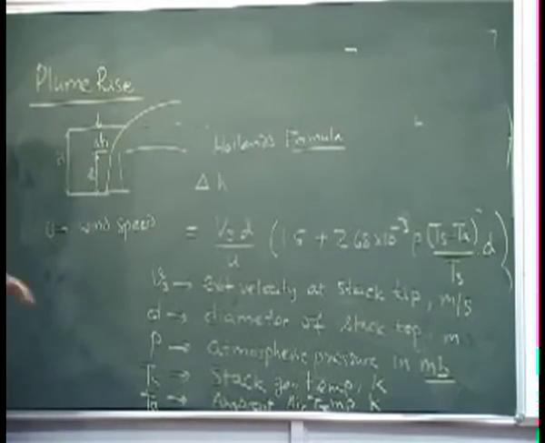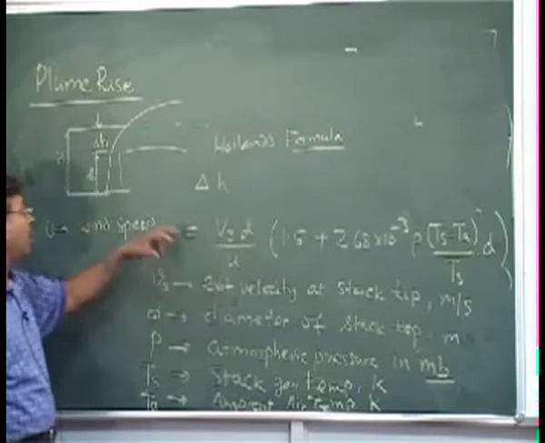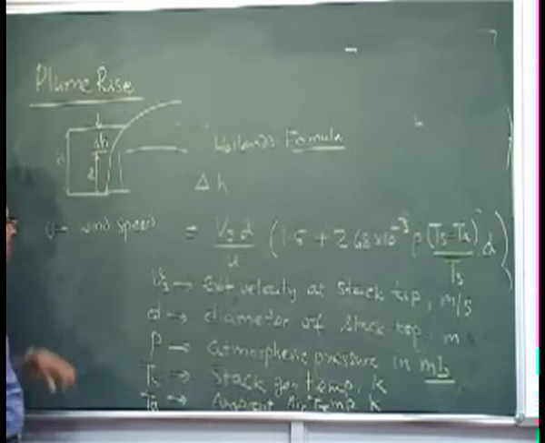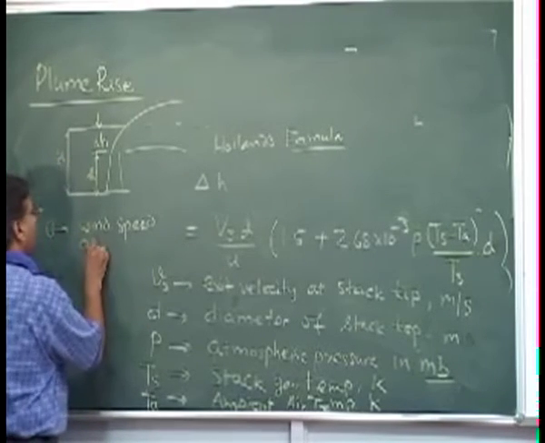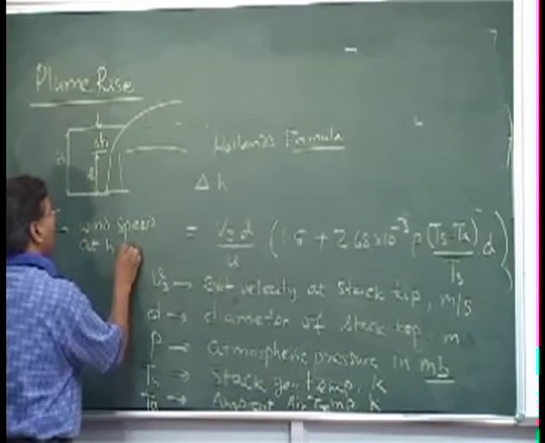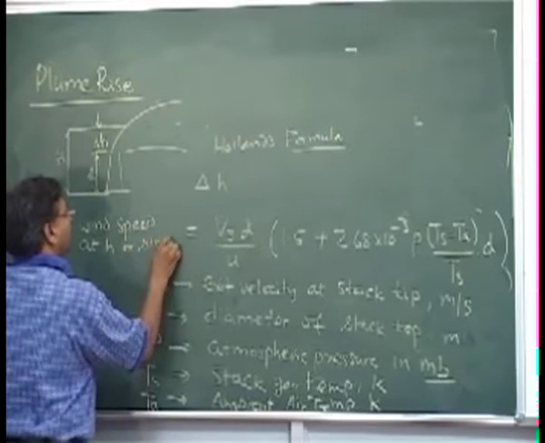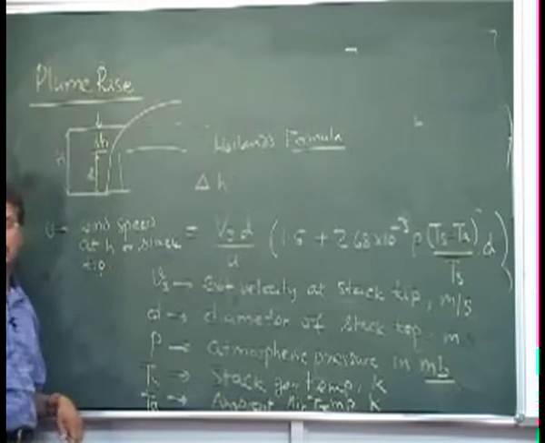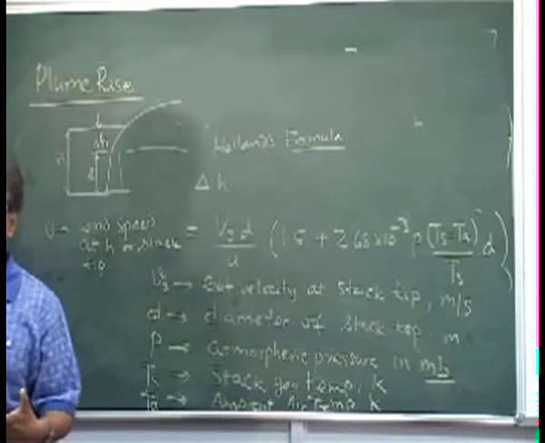So again, why I am asking you is this U is where? Not here, but this U is at H. Okay. At H or stack tip. See, these are little small things, but it can make the difference. Okay.